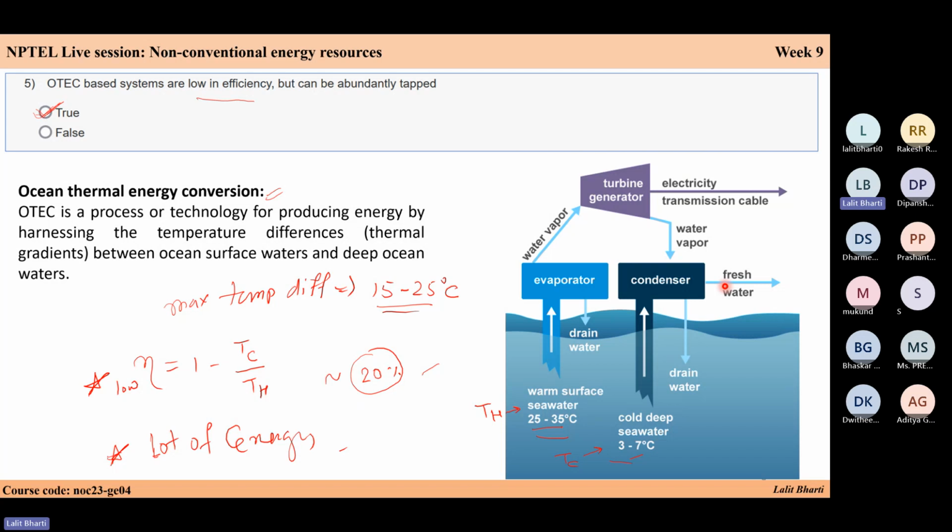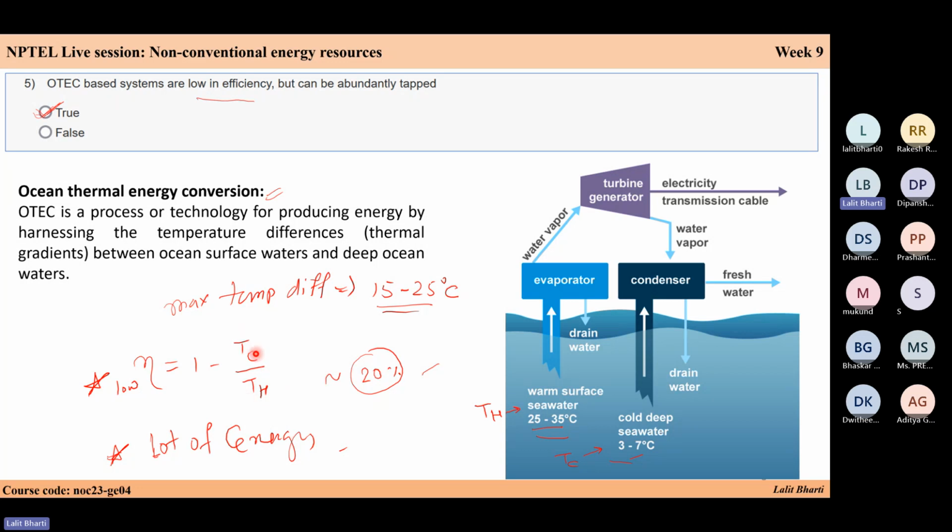Then the next question is on the same system. It says OTEC based systems are low in efficiency but can be abundantly tapped. So if you check the efficiency of the system, the relation is 1 minus Tc by Th.